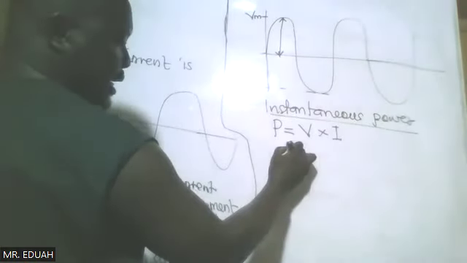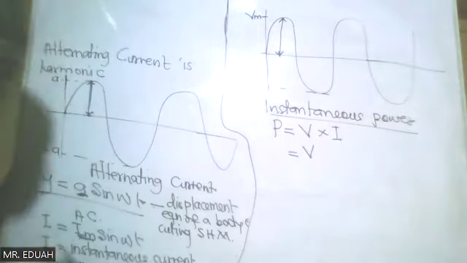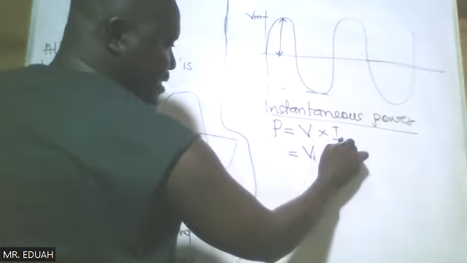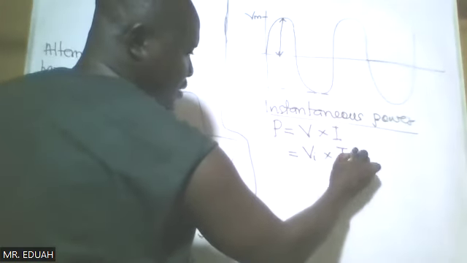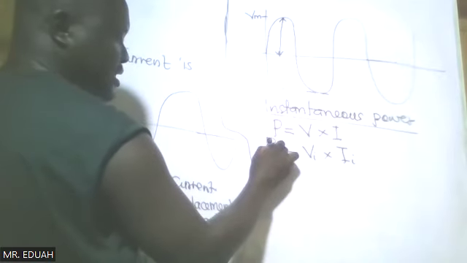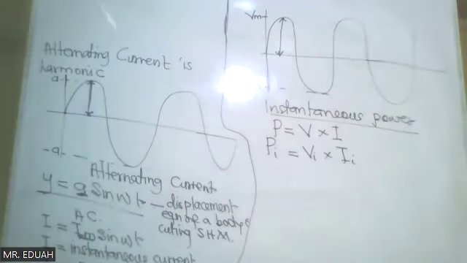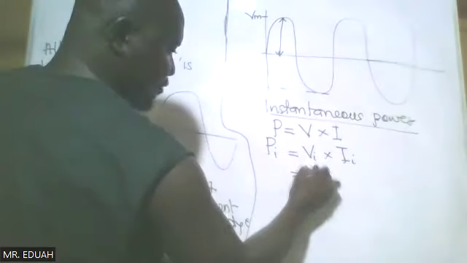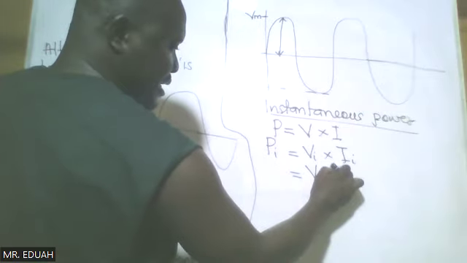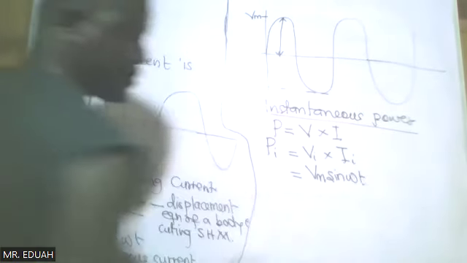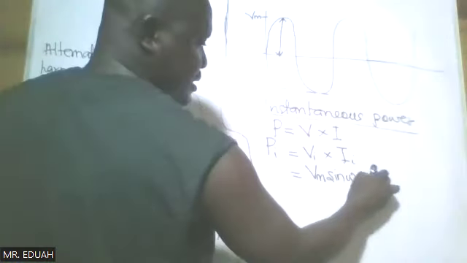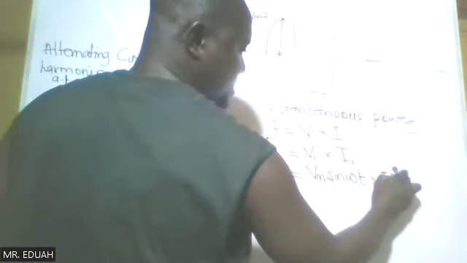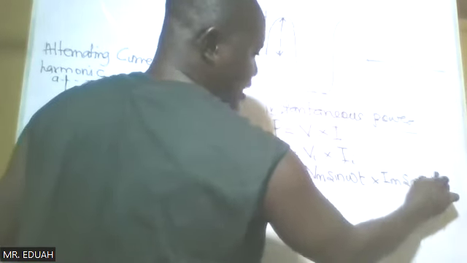When we multiply instantaneous voltage by instantaneous current, we have instantaneous power, PI. And so VI is Vm sine omega t times instantaneous current Im sine omega t.